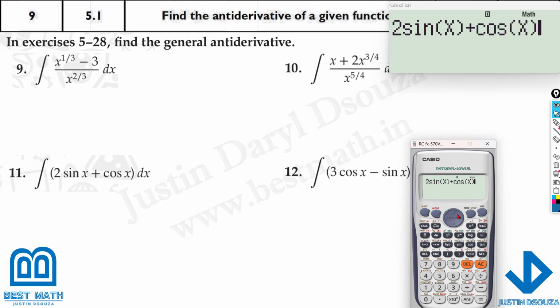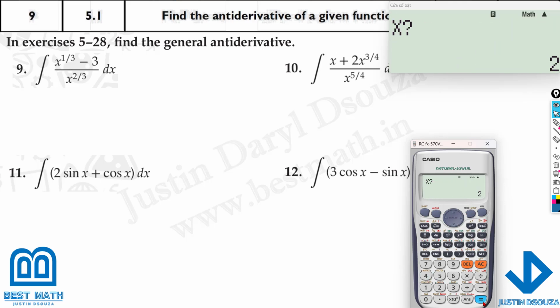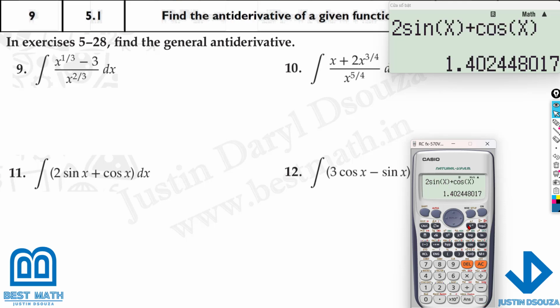Okay, close the bracket, calculate it at 2. Now this is 1.069, but let me change the mode, shift mode and 4, that is for radians. Now look at the answer, it's absolutely different, isn't it? It's 1.402. Remember, your trigonometric functions cannot be solved in degree mode, it must be in radian.